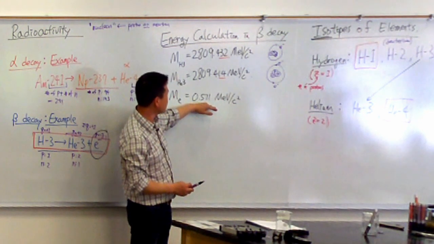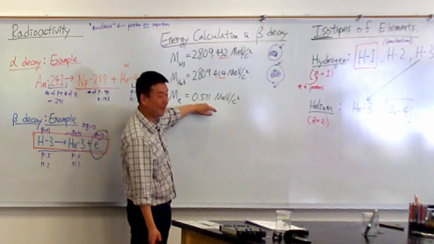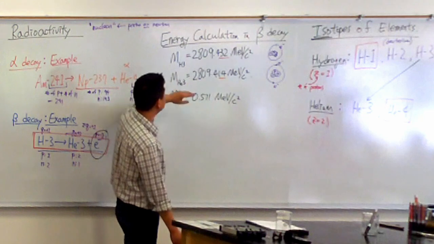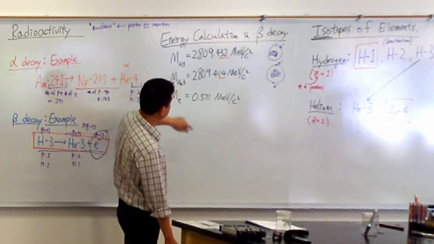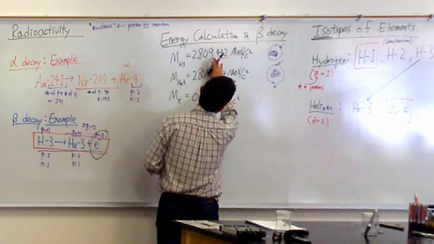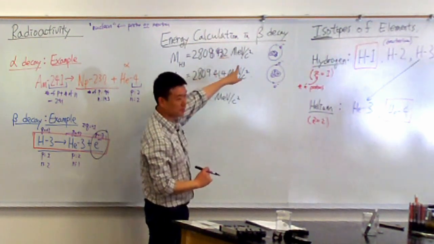So let me change these numbers a little bit so that I can do the calculation the way I want to. I'm going to say the nucleus of the tritium must be 2808.921. Then when you add the electron, you get back the original number, right?